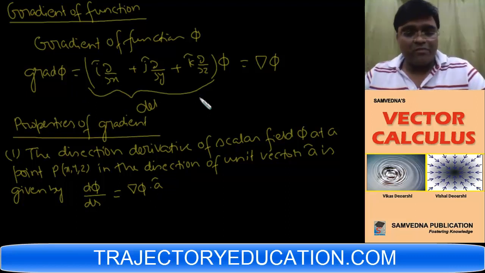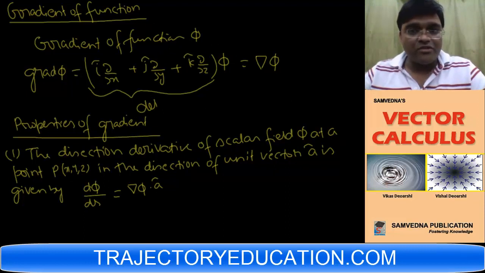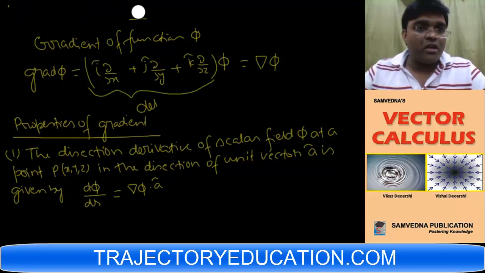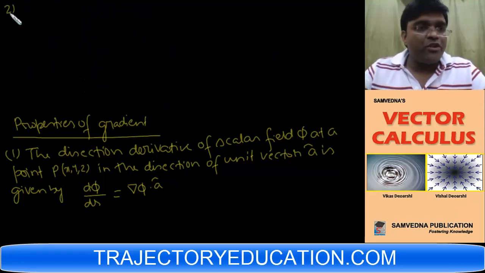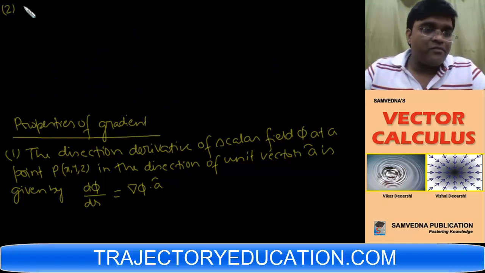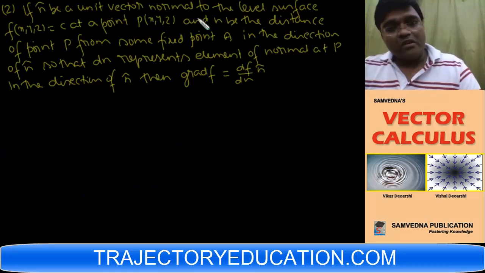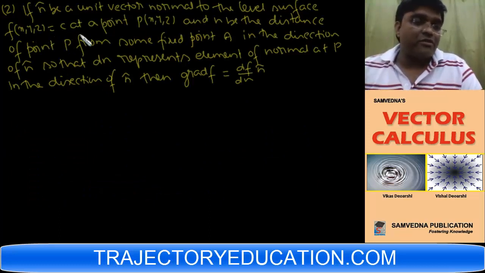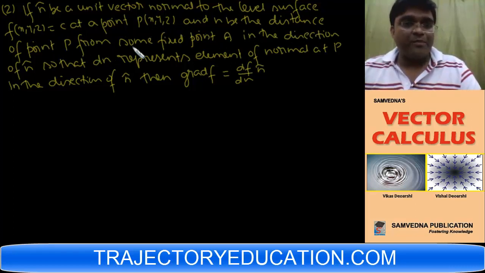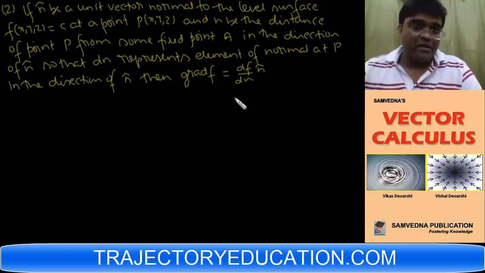Now I'll move on to the next property, before I rub this. The second property: if n is the unit vector normal to the level surface f(x, y, z) equal to c at any point P(x, y, z), and n is the distance of point P from some fixed point A in the direction of n, such that dn represents an element of normal at point P in the direction of n, then grad f is df by dn times n, right?